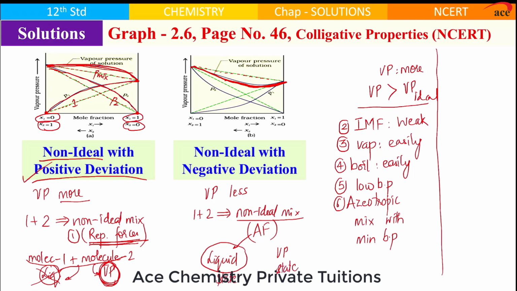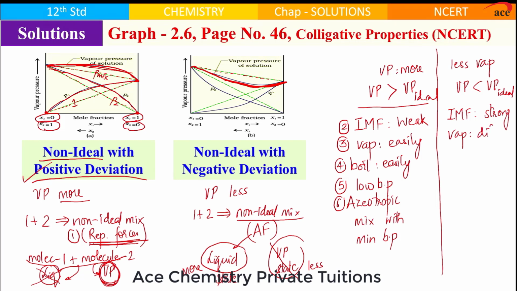Because they like to remain in liquid state more and vapor state less, they produce fewer vapors. If they produce fewer vapors, their vapor pressure will be less than ideal vapor pressure. Vapor pressure less, that means intermolecular forces are strong. Vapors are formed with difficulty.